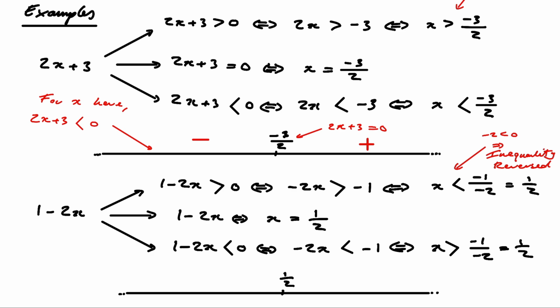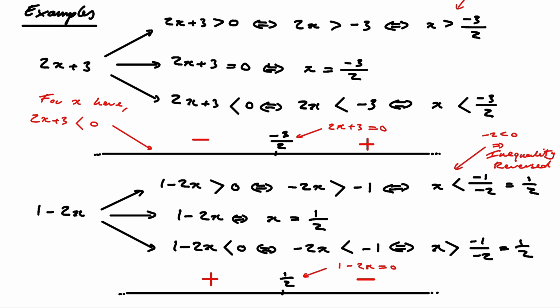So the opposite way round in the sense that it's positive if x is strictly less than a half, and it's negative if x is strictly greater than a half. So it's kind of backwards to what you'd expect. Right? It flips it. It's not how the usual orientation of plus and minus goes. And again, as above, this half is exactly the solution to 1 minus 2x is equal to 0.